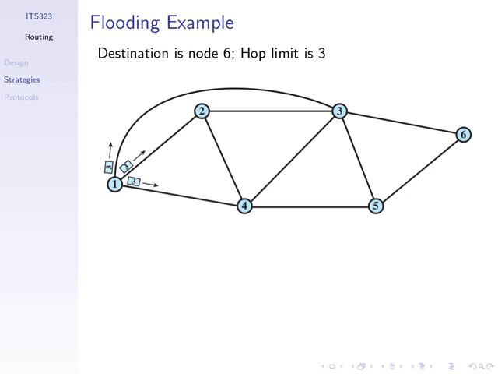Let's draw the packet. The packet has some data, and in the header we have a source address, node 1, a destination address, node 6, and now let's include a hop limit.